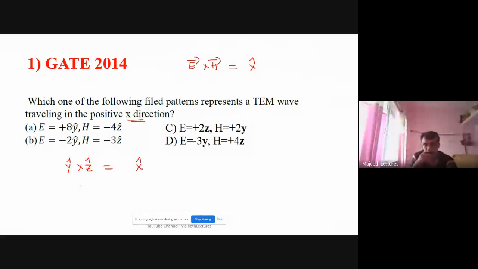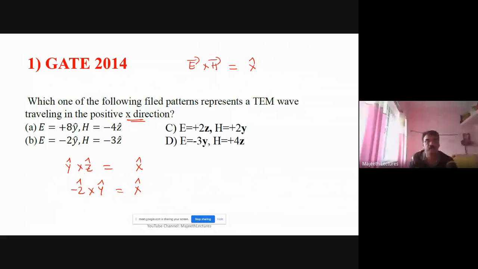Clear? Otherwise, your E may be in minus z direction and H may be in y direction, that will give x. We know y cross z is equal to x.